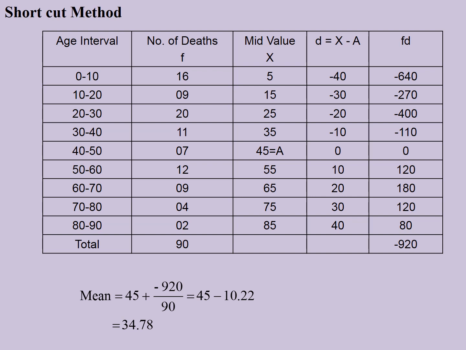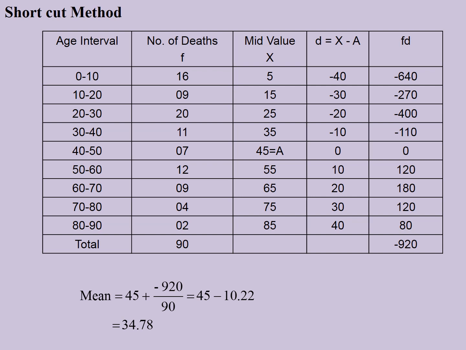So for example, for the age interval of 0 to 10 years, the mid value is 5 and the assumed value is 45. So 5 minus 45 will give you minus 40, and likewise you can calculate all the difference values for all 10 observations.